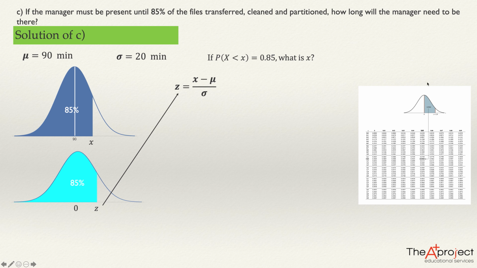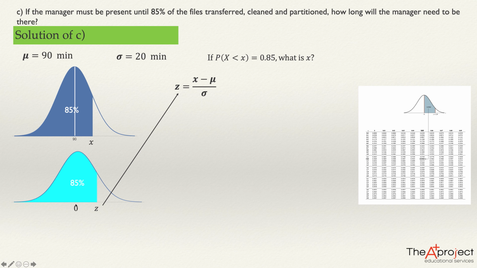The problem with the table I have is that the area that they have is the area between z and 0. And the 85% that I have is between z and minus infinity. So to actually use the table, I will be getting rid of this area here.